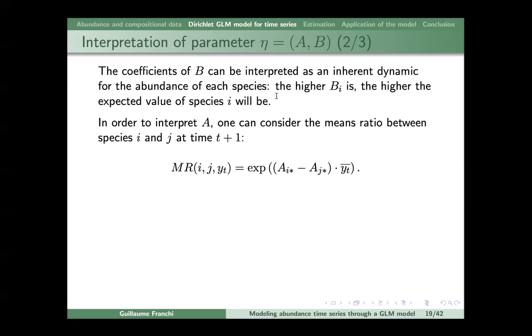If you just compute it, there are 2 lines to do, and you obtain this formula. I star is just the ith line of matrix A.